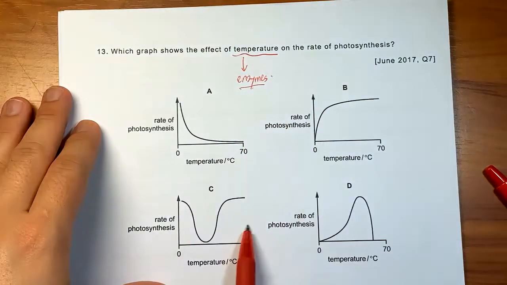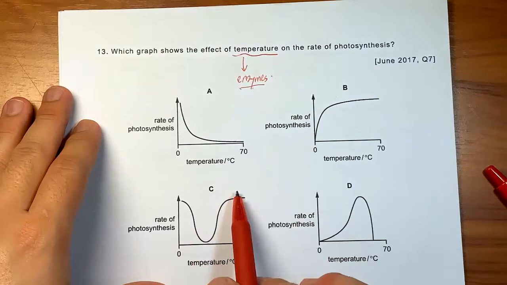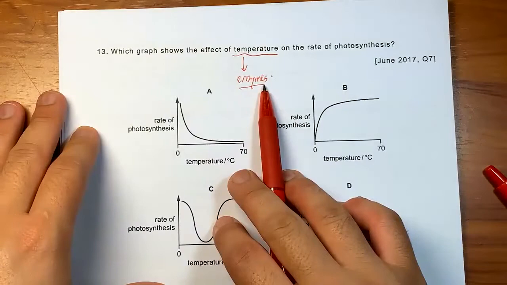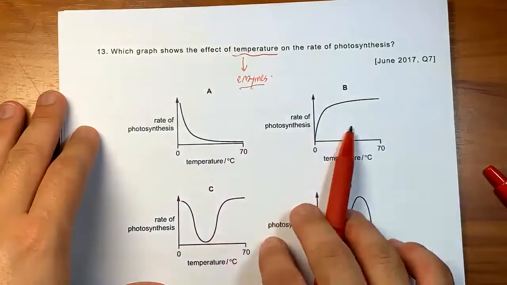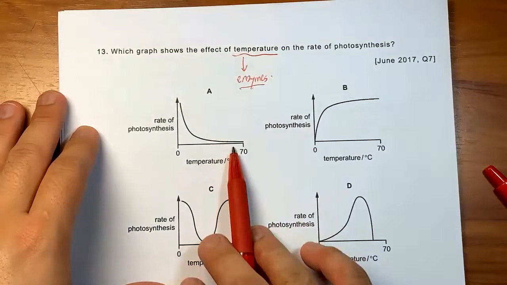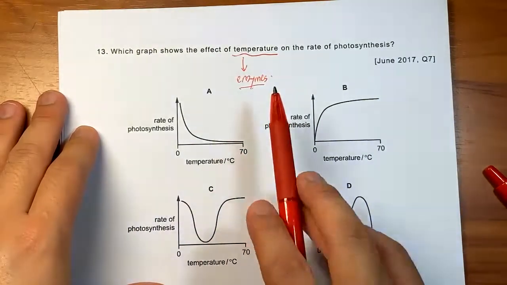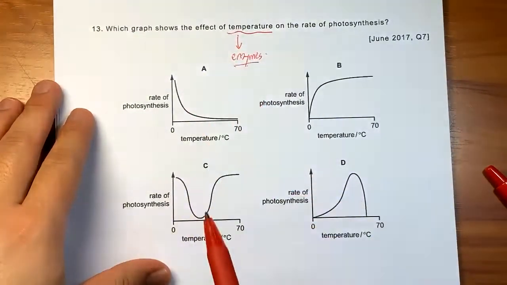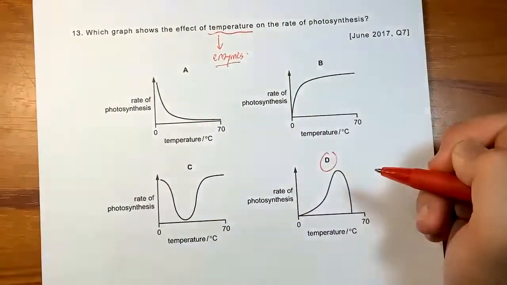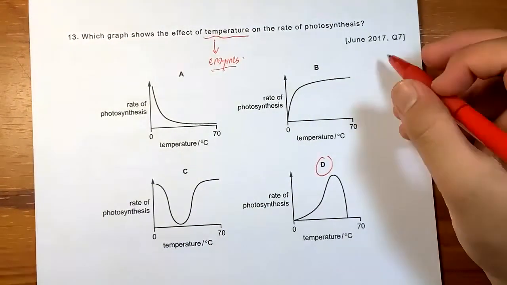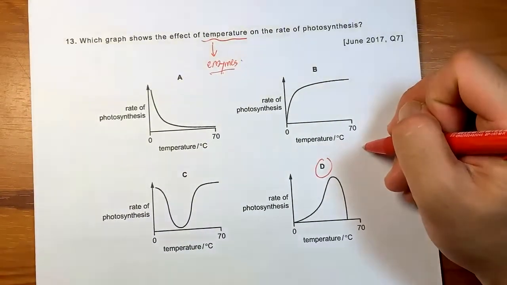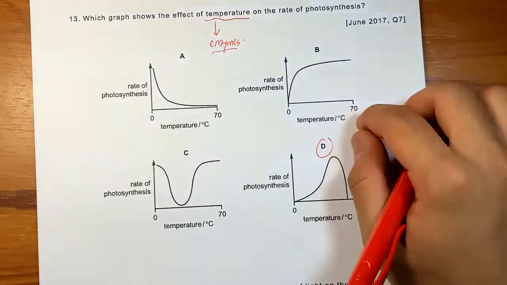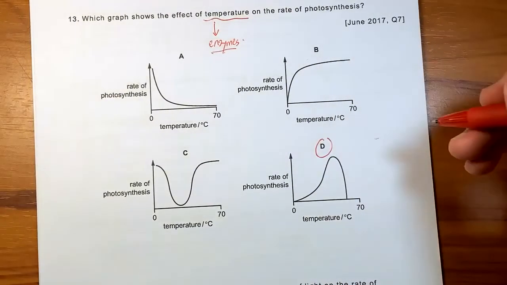Of all of these four, which graph fits the effect of temperature on enzyme activity? The one that fits the most is C. If you have trouble with this, please refer to the effect of temperature on enzymes in your graph. It should be familiar to you.